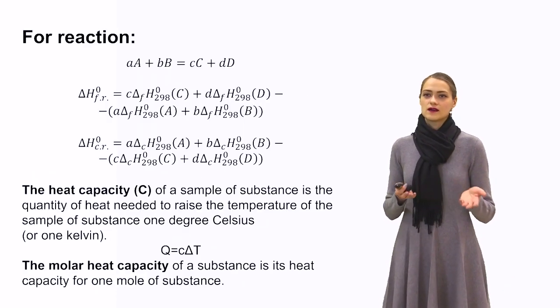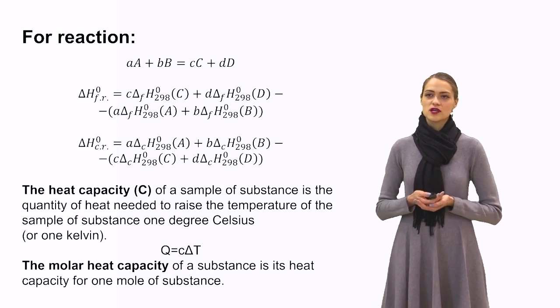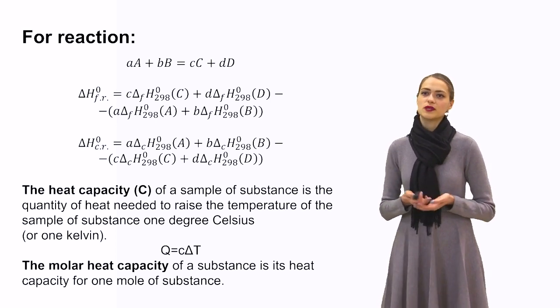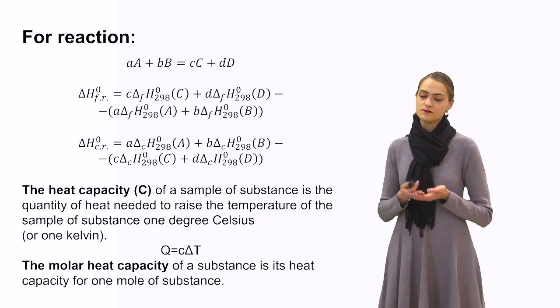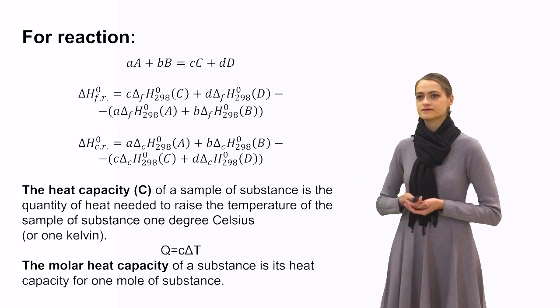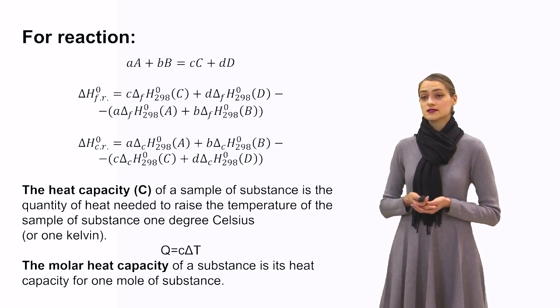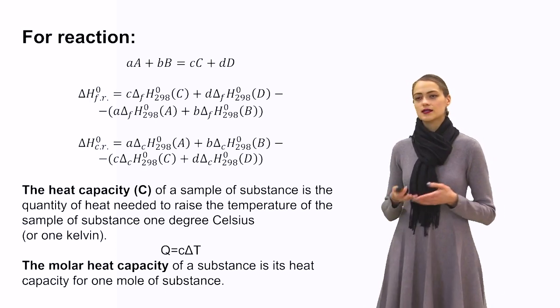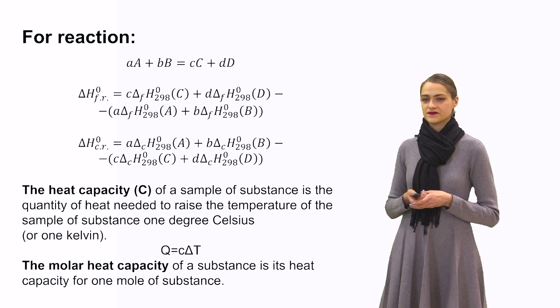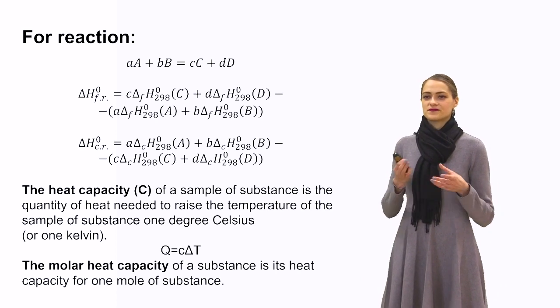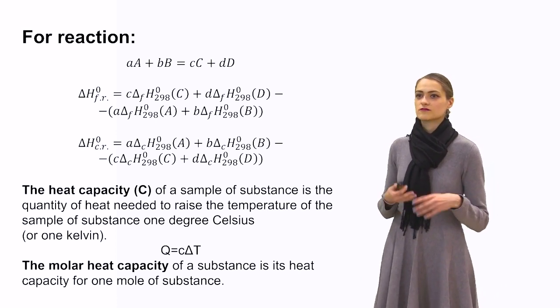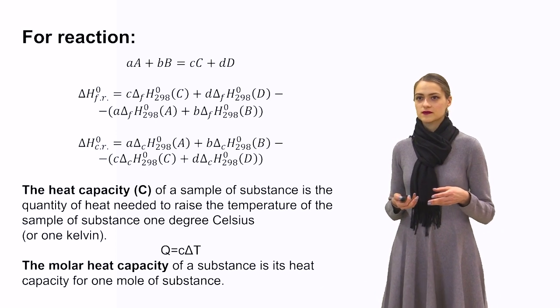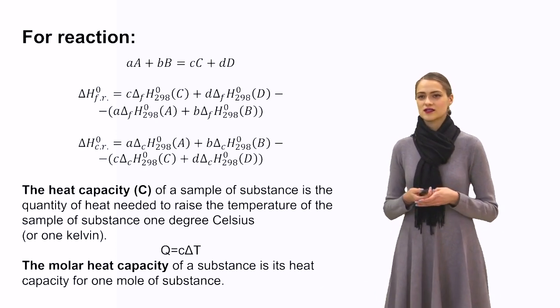Okay, for example, let's imagine we have a reaction between A moles of A and B moles of B, and these substances produce C moles of substance C and D moles of substance D. If this is a formation reaction, how can we calculate the heat effect?